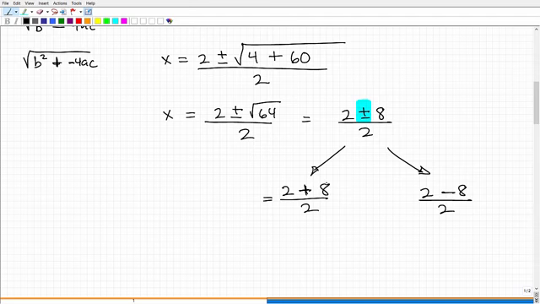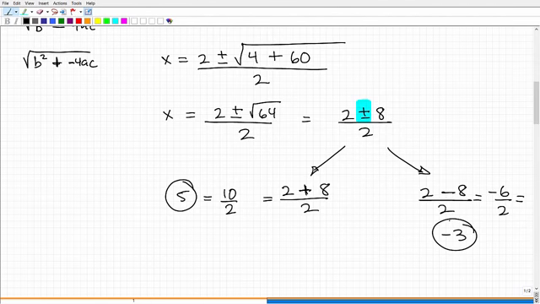So you have 2 plus 8 is 10, obviously, divided by 2, and 10 divided by 2 is 5, okay? So that is one solution, all right? And then over here, I have 2 minus 8 is negative 6 divided by 2, and negative 6 divided by 2 is negative 3, and that's my second solution, okay?